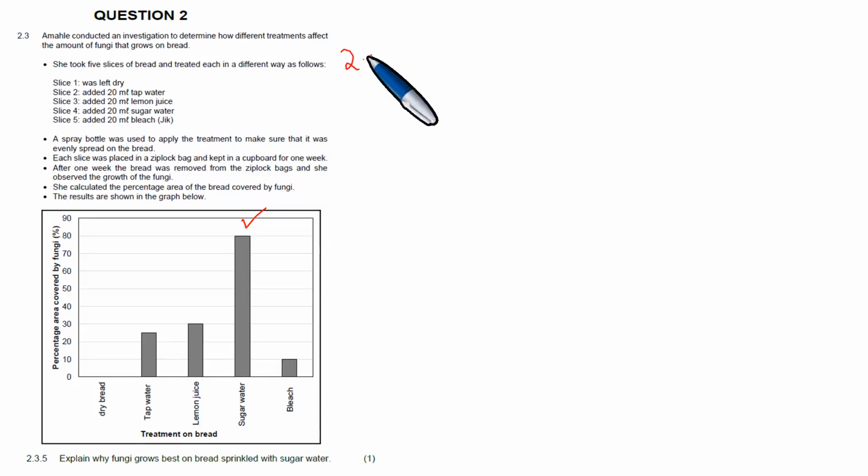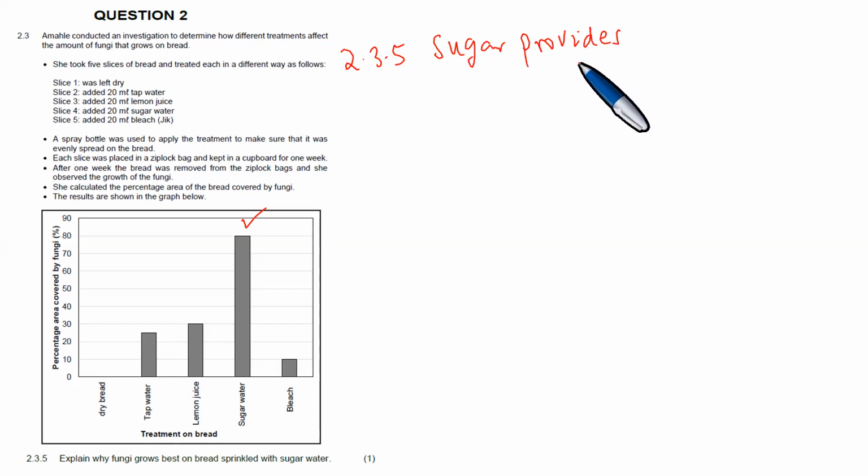So we look at 2.3.5. Why is sugar showing so much growth? Here's the reason in science. The reason is that sugar itself provides energy. If you eat sugar, you become very energetic. Sugar provides energy because it contains lots of kilojoules of energy.